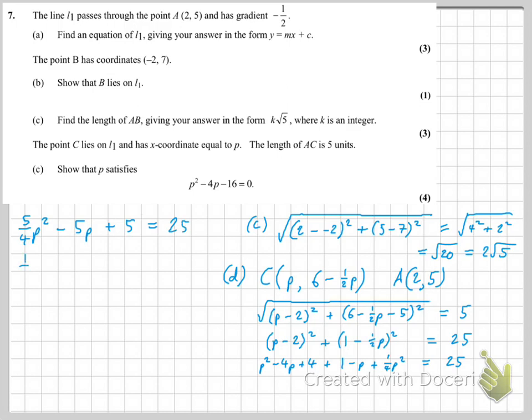I can see there's a factor of 5 in every term, so I'm just going to divide everything by 5. And then I'm going to get rid of the fraction by multiplying everything by 4. And then do what I could have done earlier and subtract that term on the right from both sides of the equation to give the result requested.